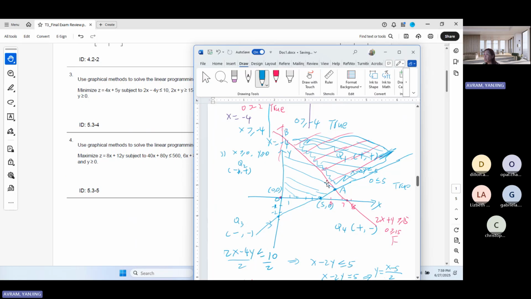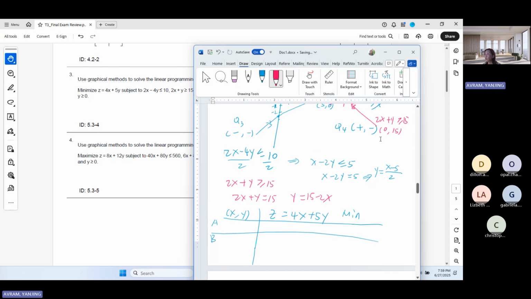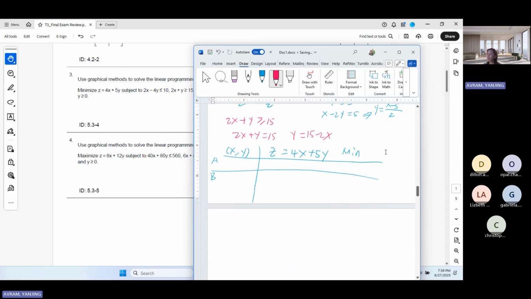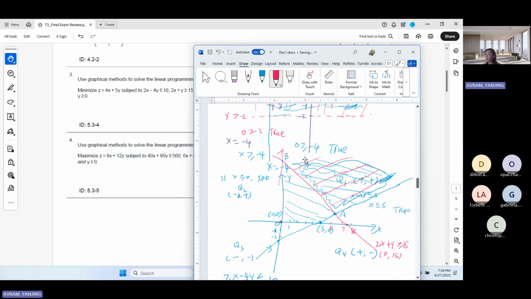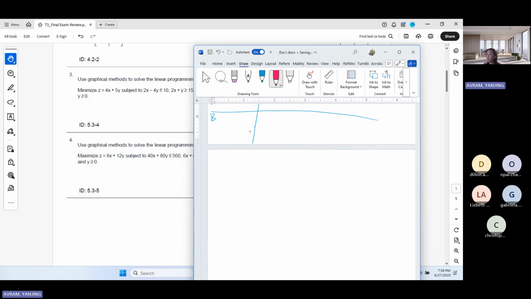We need to find the right line with the y-intercept. At the y-intercept, x will be 0. So if x is 0, y must be 15, right? So that is point B. Point B here is 0 and 15.